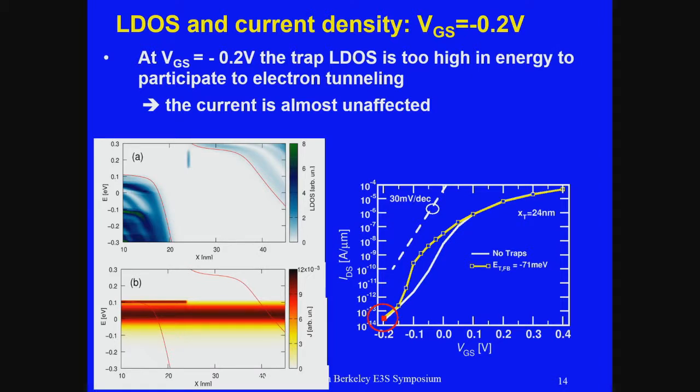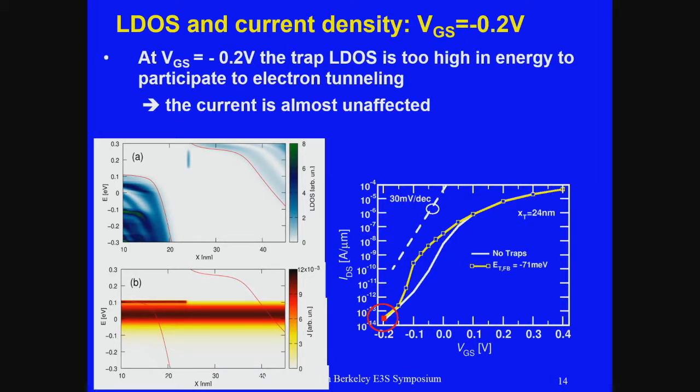If you go to very small, negative VGS, down here to very, very small current densities, you see that this is a picture in the top, the A picture. This is the density of states inside the source, the density of states in the channel region. And this spot over here is the density of states in the NEGF formalism given by the trap.